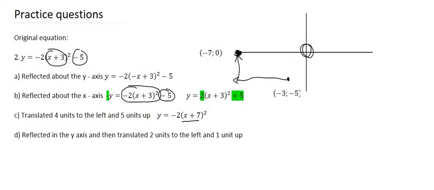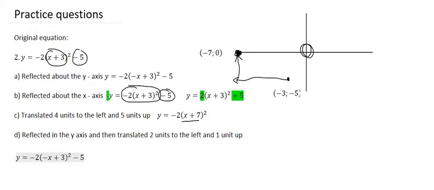And the last part of this question is D. It says that the graph must first be reflected in the y-axis, which we've done, and then after that it must be translated 2 units to the left and 1 unit up. So in number 2a we already reflected the graph in the y-axis, and so we can write out that equation.